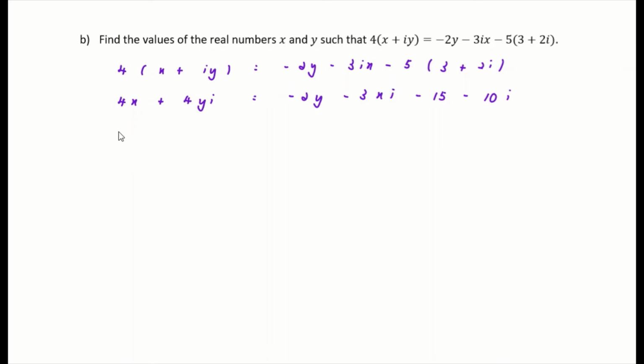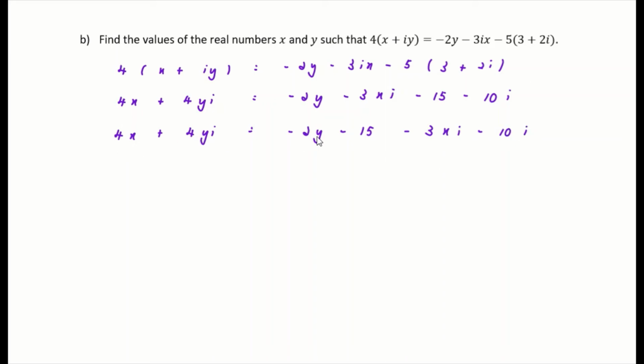Now I can try to arrange them. The left hand side is fine already, but for the right hand side, I want to write my negative 15 in front because this is the real part. Then the part with i, I'll put together.